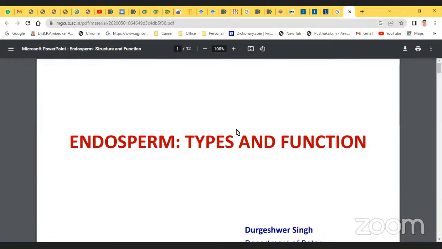Do you know cotyledons? Two cotyledons, dicotyledons; one cotyledon, monocotyledons. On the other hand, even mature seeds of cereals, coconut and custard apple retain endosperm. Such seeds are called endospermic.